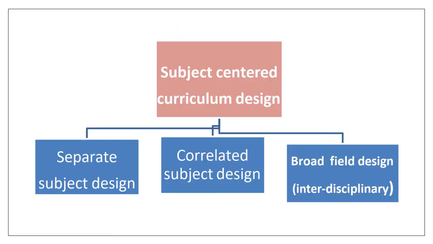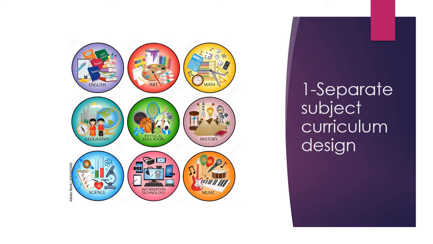As you see, this type of curriculum design is divided into three types, which are separate subject design, correlate subject design, broad field design. The separate subject design is one of the oldest and best known curriculum design.